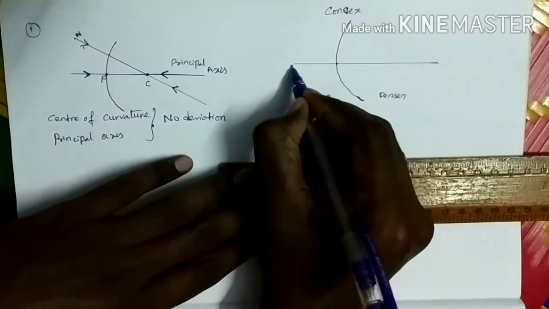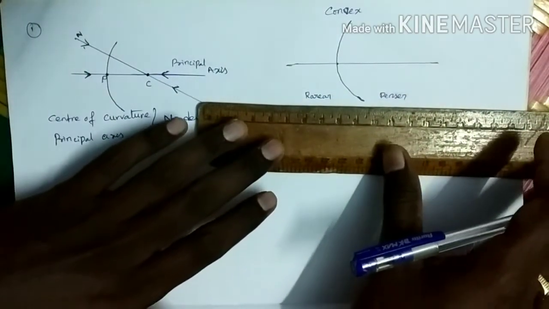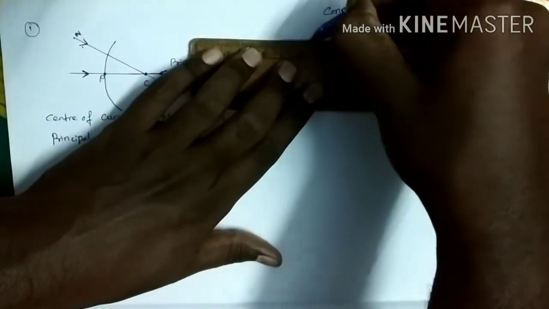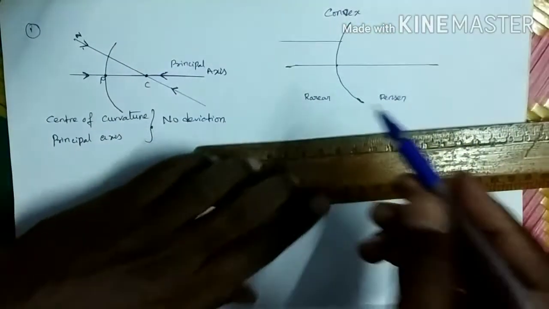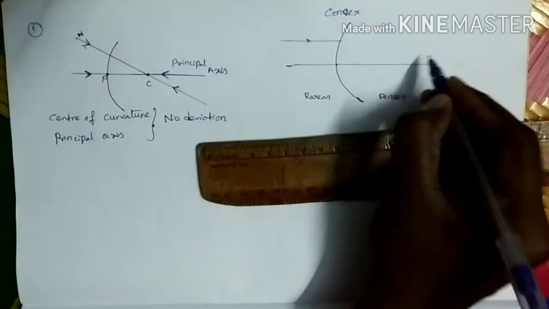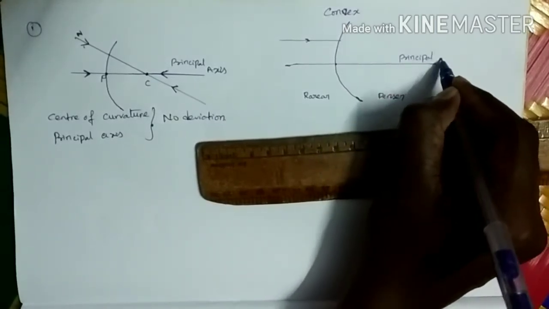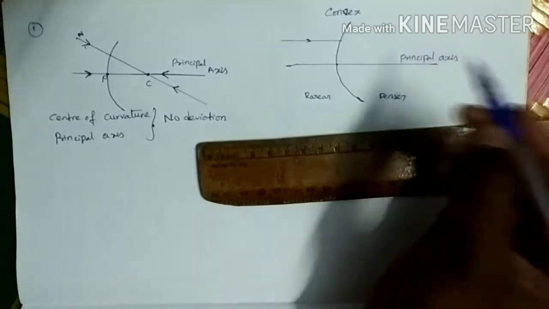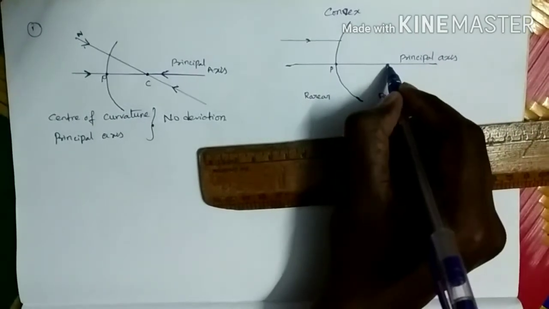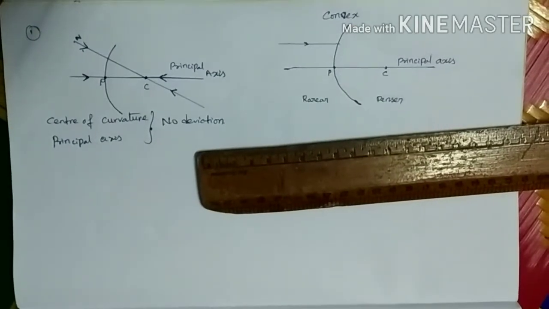When the light travels from rarer medium to the denser medium, here I am considering the light travels parallel to the principal axis. This is the principal axis. The center of the curved surface is called a pole, and the center of the sphere we call the center of curvature. You have to remember these points.